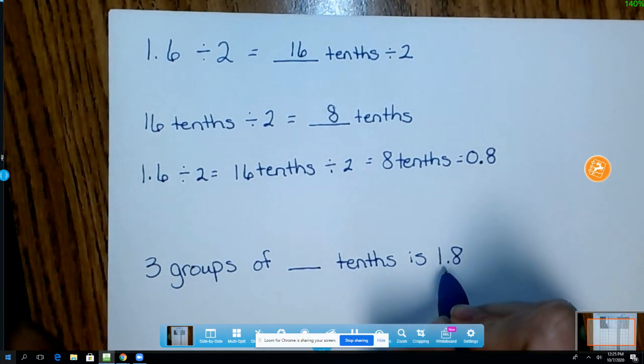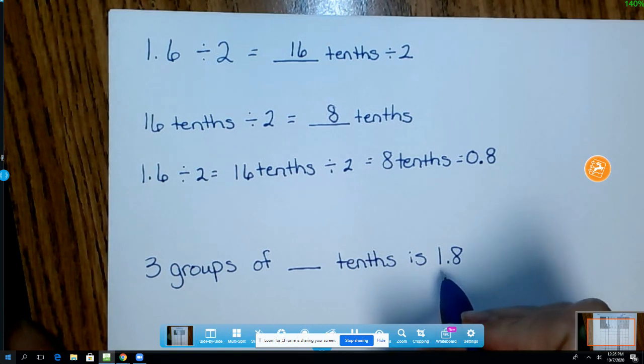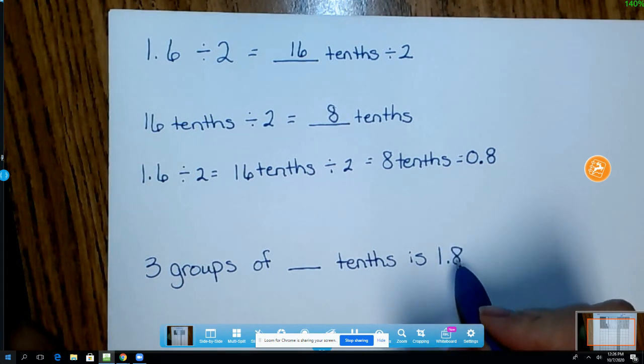So again, I want to convert this so that I have tenths. So if I were to take this 1, multiply it by 10 plus 8, that gives me 18 tenths, and I'm going to divide that by 3. 18 divided by 3 is what?